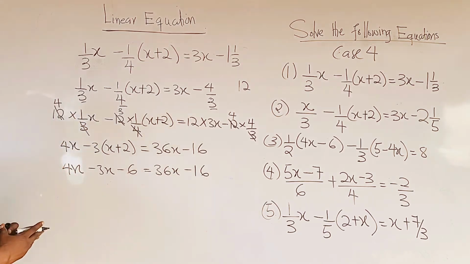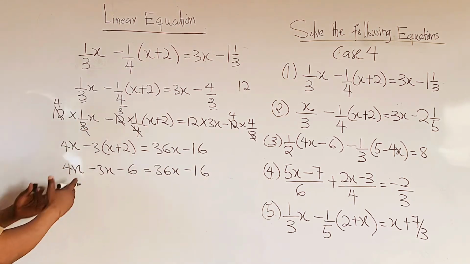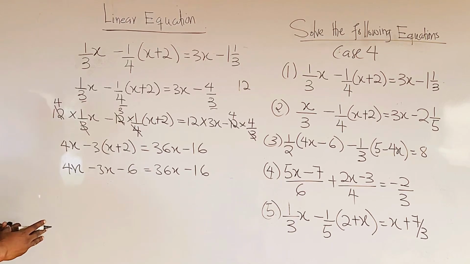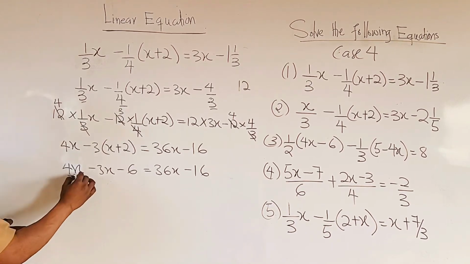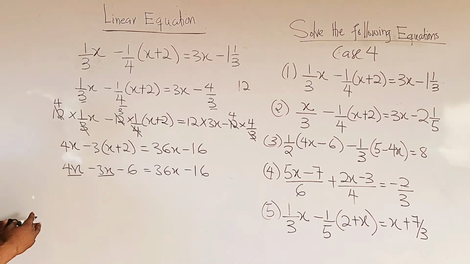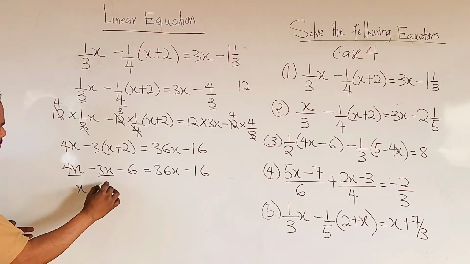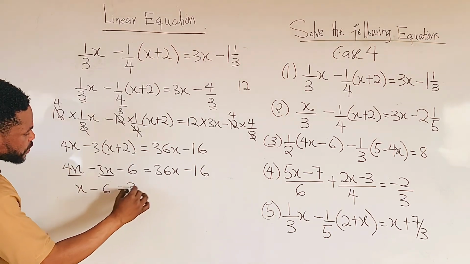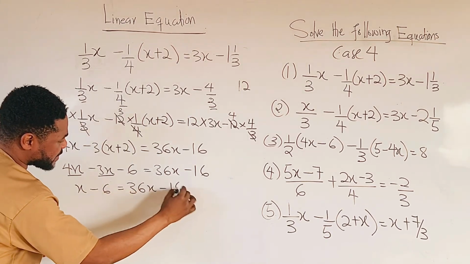At this level, what can we do? We can simplify our expression on the left hand side. All right, so 4x minus 3x, it will give us x minus 6 here equal to 36x minus 16.